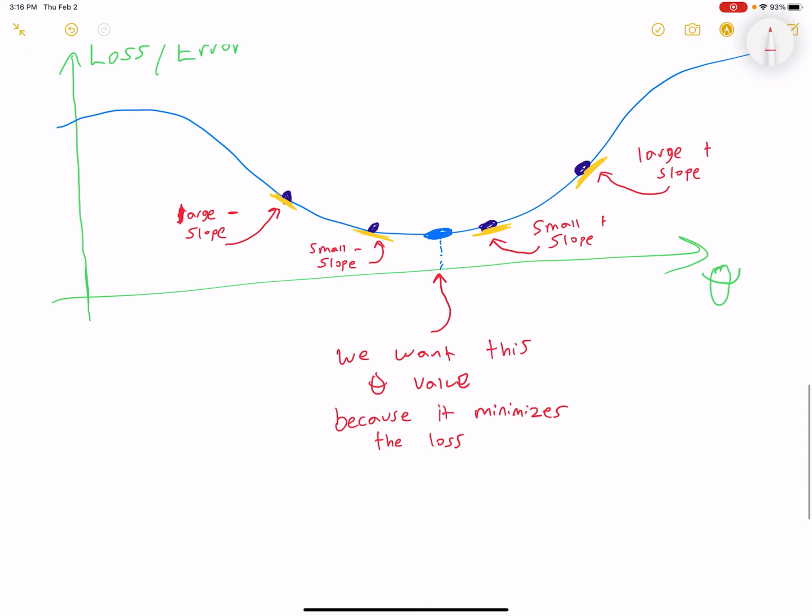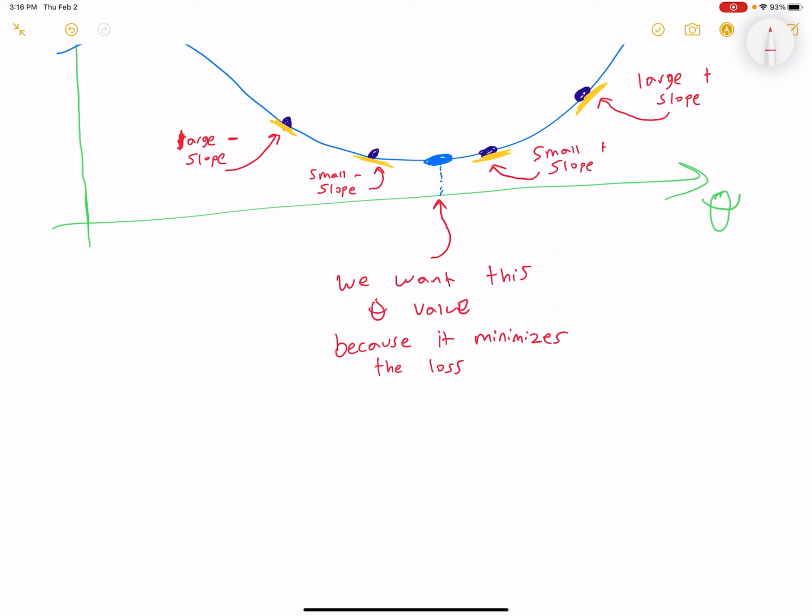So specifically, we want to move in the direction opposite of the gradient, where the gradient is just a generalization of the derivative at a point, but with multiple variables.